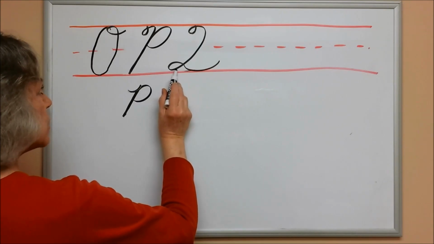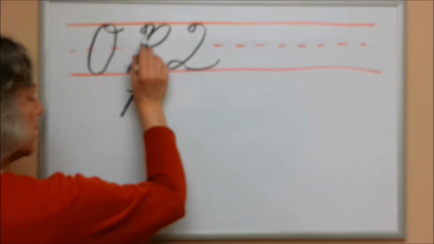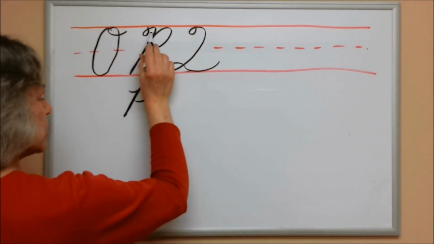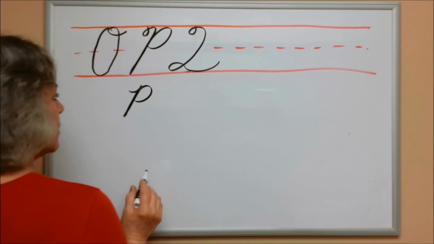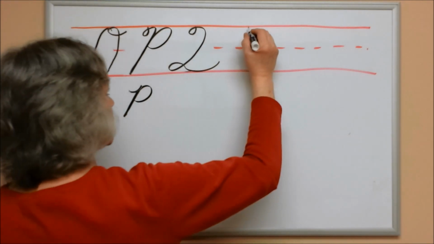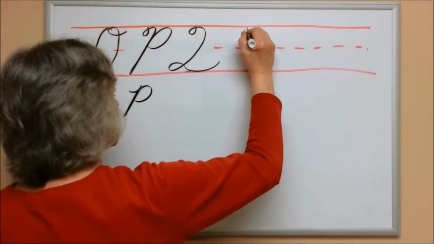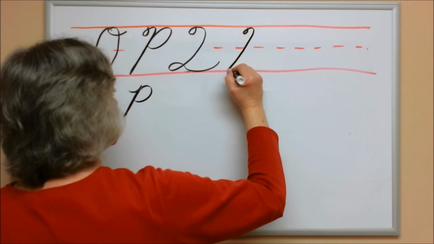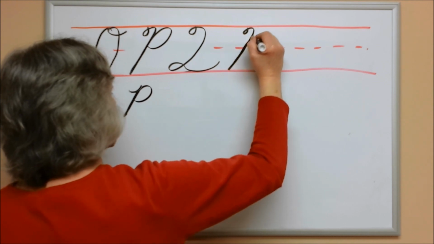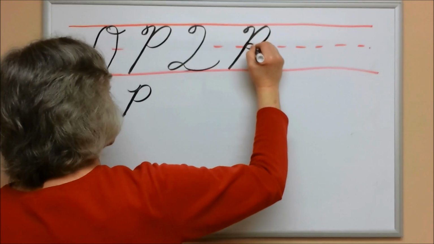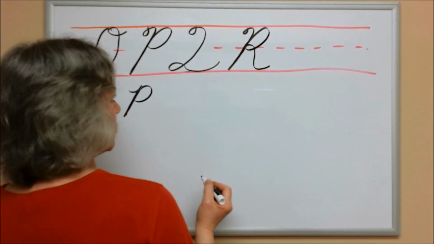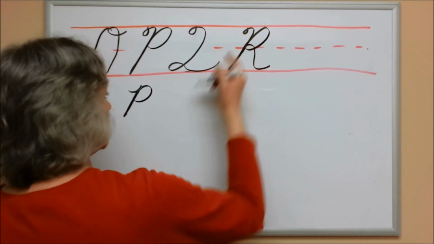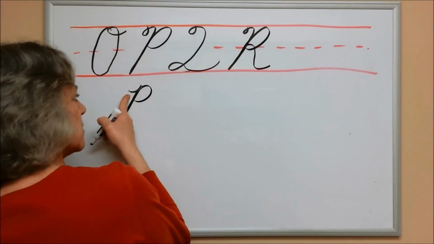The R starts out in a similar way to the P, so you can start it with or without the loop. So here it is with the loop. Make the loop and come down, up. You can make a loop here and continue. Without that loop, I would make it look like this.